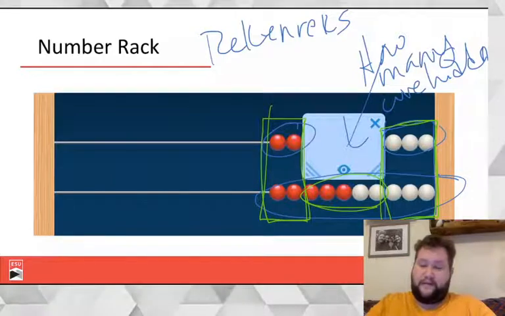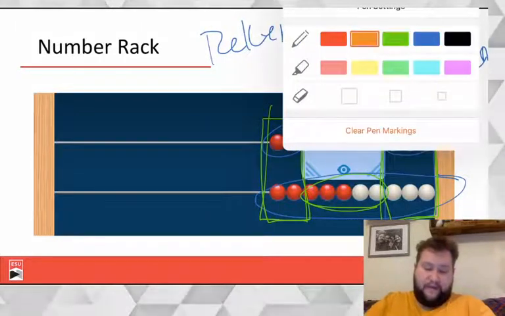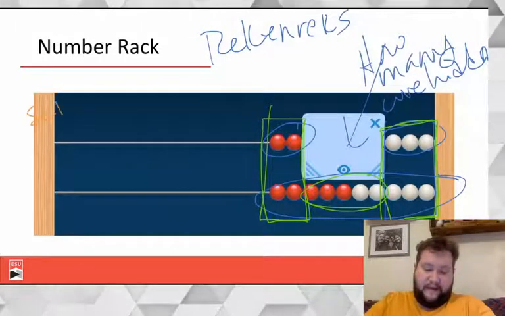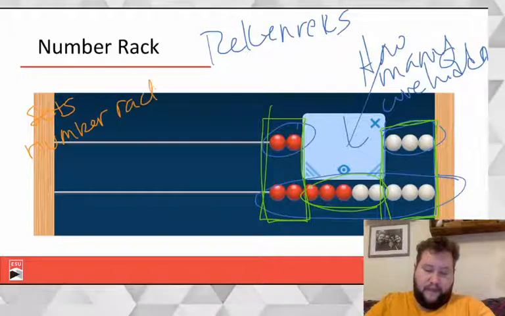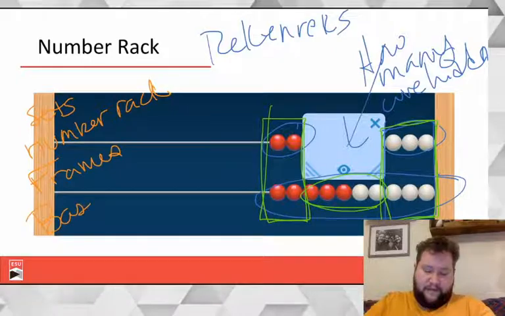So let me write that. So thinking about, we have sets, then we have a number rack, and then we have our frames, and then we have our base 10 blocks.